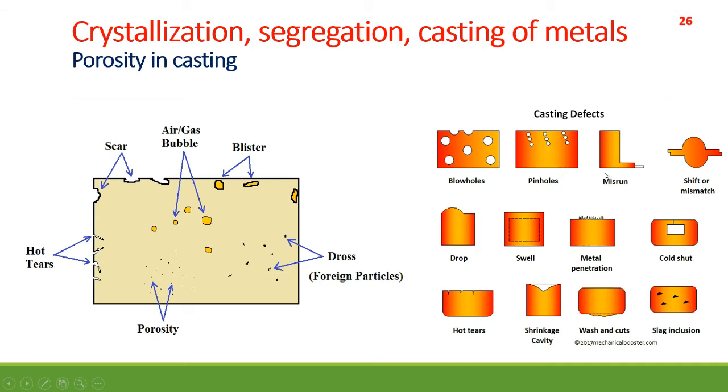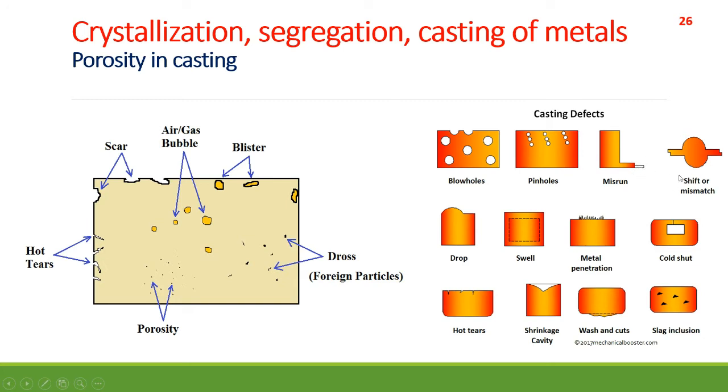This is a misrun that I just told you about, which is a pouring metal defect. That means, see here, the liquid metal couldn't reach the end of the mold or the casting, and hence ended up giving this kind of defect.